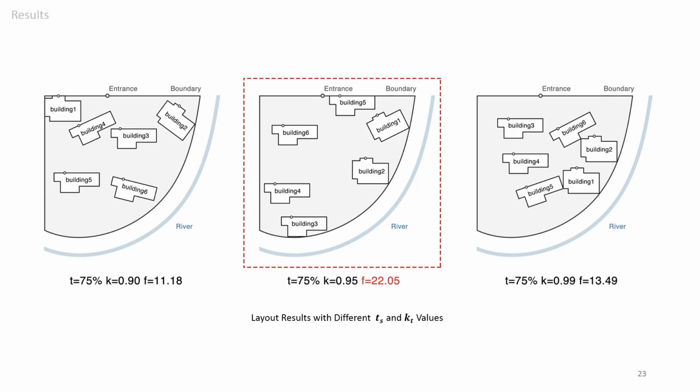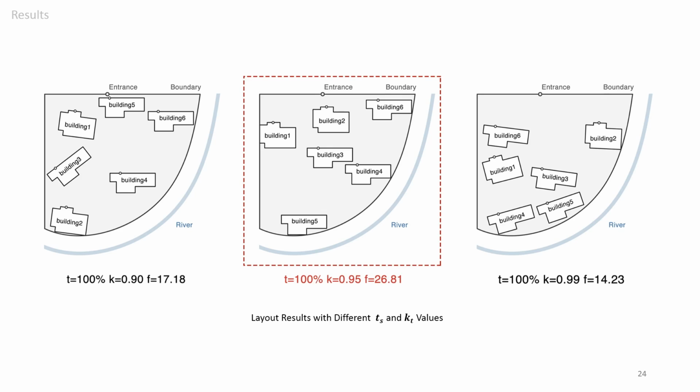The goal of the parameter tuning is to find a stable setting of T and K to reach a larger F value. So after experiments, we found that a high T value with a medium K value performs best. It has higher possibility to provide a solution with larger F value. Thus, the recommended T and K settings are 100% and 0.95 in Galapagos and Grasshopper.